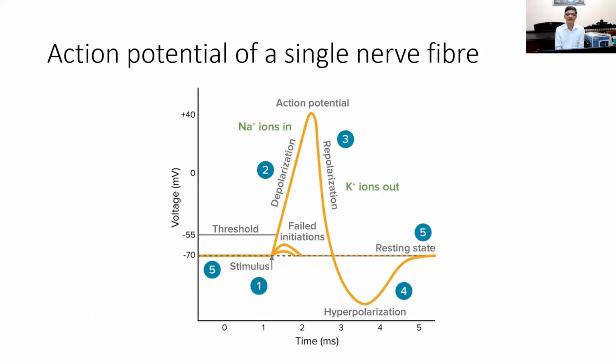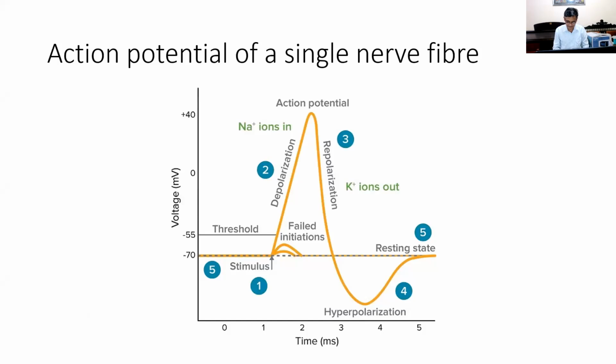Right, just to refresh your memory on the action potential of a single nerve fiber. This is using two electrodes. One electrode is placed intracellularly inside the nerve. The other one is kept outside the membrane of the nerve.